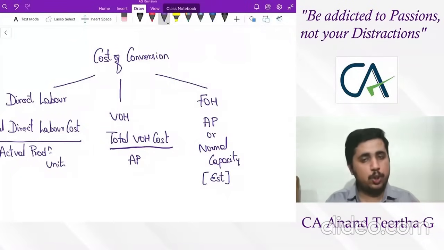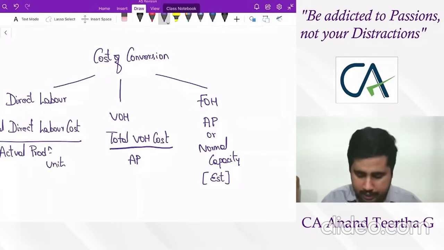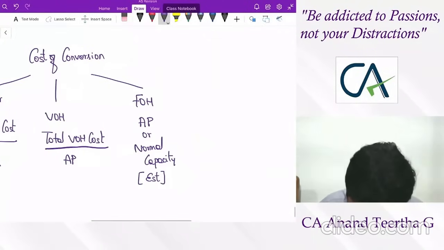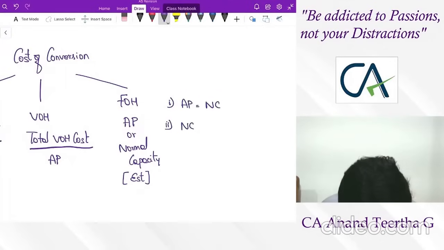So two elements come into the picture whenever it comes to fixed overhead. Since there are two elements, how do I get the denominator now? Actual production and normal capacity are the denominator options. What is the numerator? Total fixed overhead cost. So how to consider the denominator? For that, there are a total of three situations. One, if actual production is equal to normal capacity. Two, if normal capacity is more than actual production.